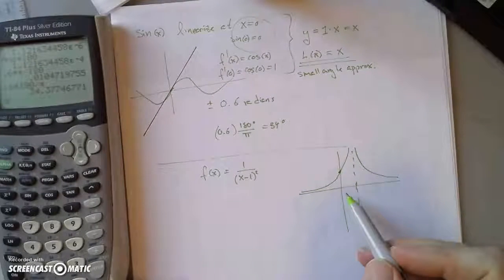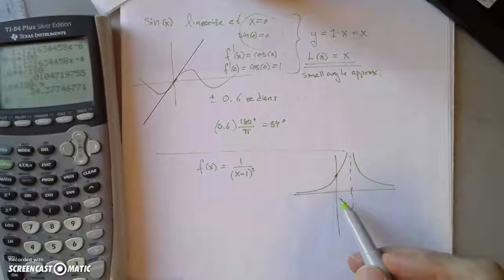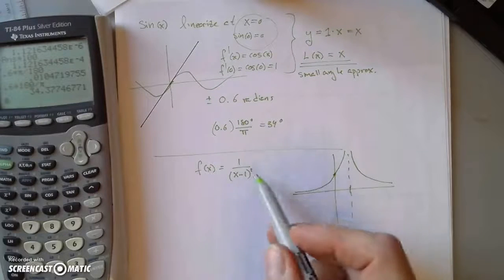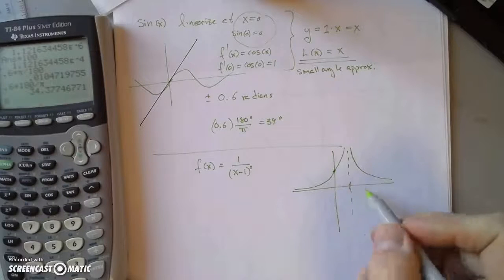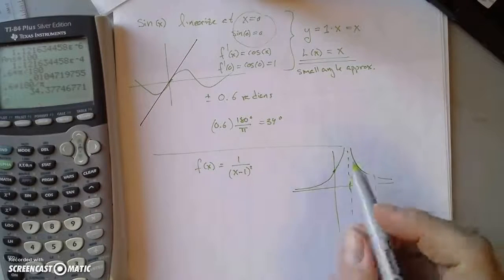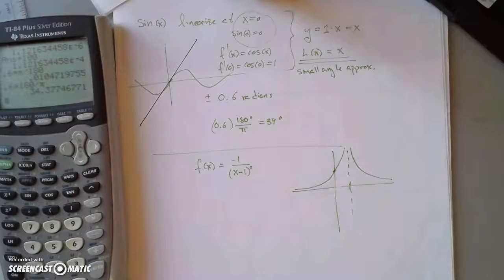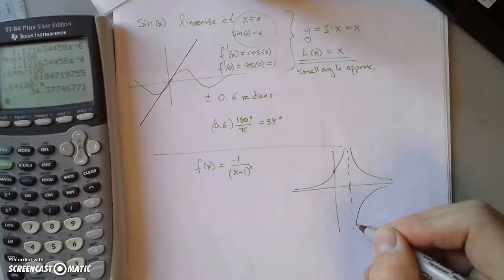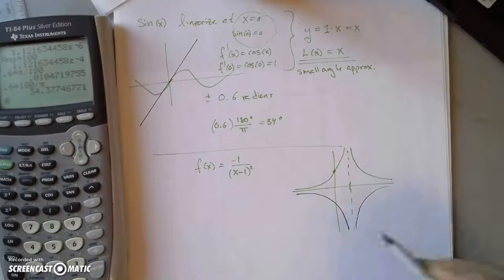Being able to graph things without using a calculator is a valuable skill, so you can think ahead. So here's my function. Actually, you know what? I want to make it negative because of the example I have in mind later.